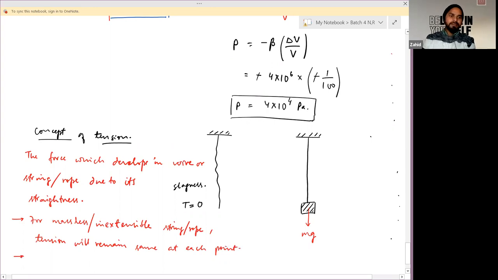Next is it always acts opposite to the point of contact.